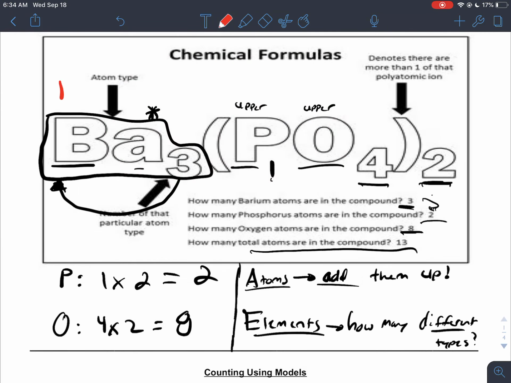You'll obviously have the same color. The first is barium, Ba. The second is phosphorus, P. And the third is oxygen, O. So to drive this home, I want you to do this arrow like this. We have 13 atoms, because we added all of the subscripts. We have 3 elements, all right?